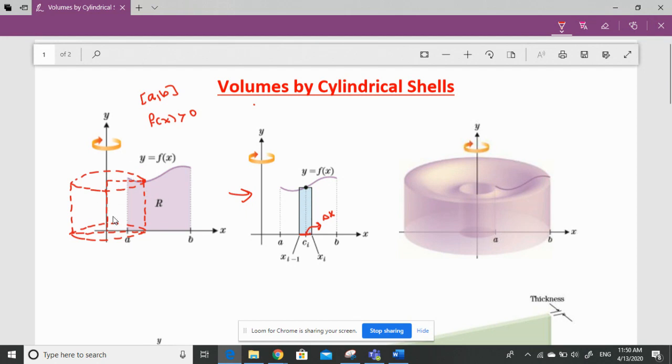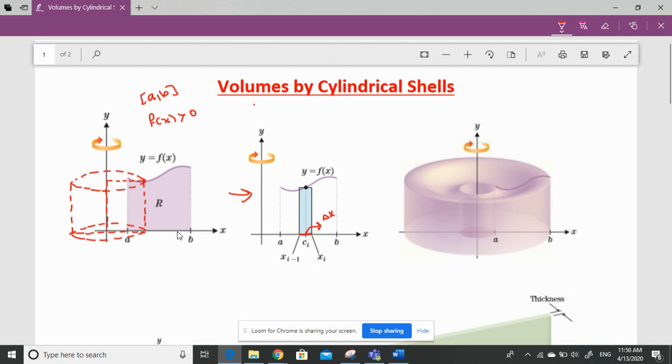So my cylinder here will have a small thickness, delta x. This rectangle gives me this cylindrical shell. Now, the question is, how many cylindrical shells can I have from this region?